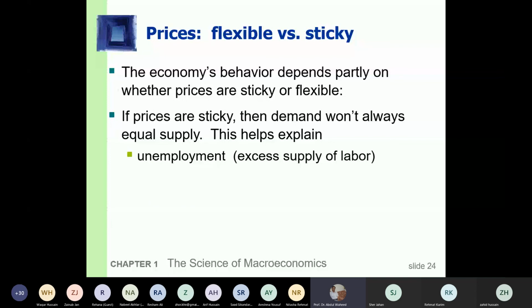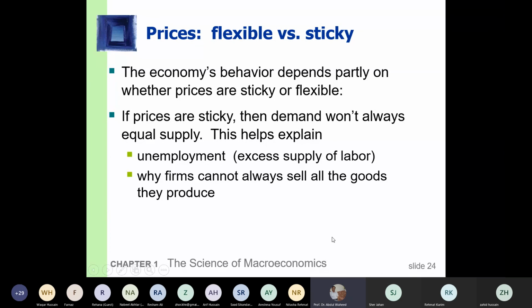If they are ready to get lower wages, then we have a lesser problem of unemployment. Unemployment would be lower. But the thing is, if a person is working at one wage and is offered a lower wage, he prefers to say, okay, I will not work now, I will search for some other job. That is the problem, and in that period that person would be unemployed.